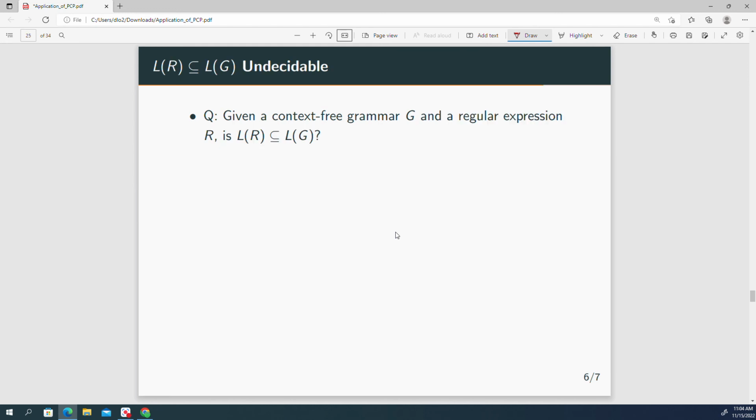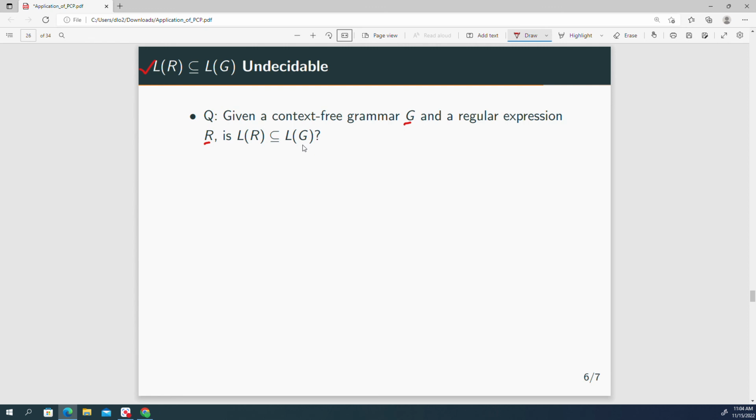Now let's consider another problem. LR is a subset of LG. So the question Q is basically, given a context-free grammar G and a regular expression R, we want to ask if L sub R is a subset of LG. This is undecidable.